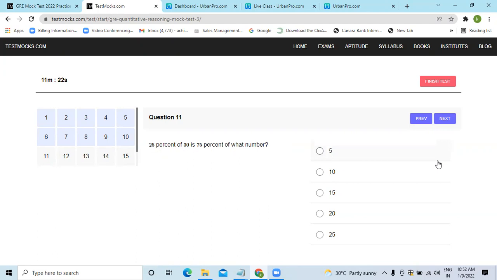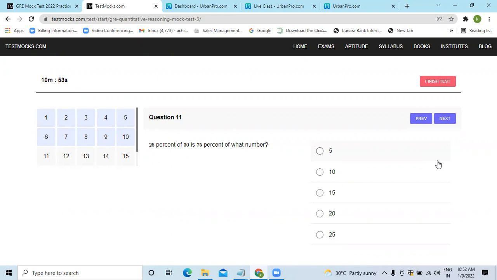Five percent of 30 is 100% of what number? It's a nice question.